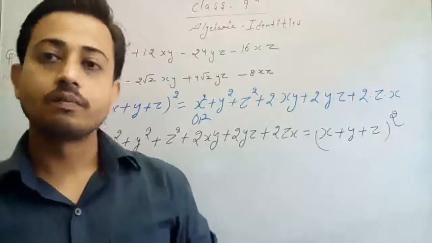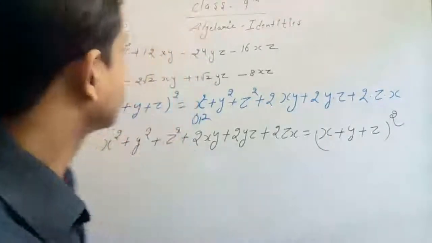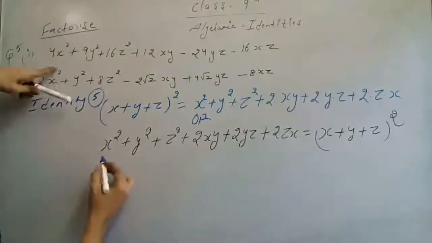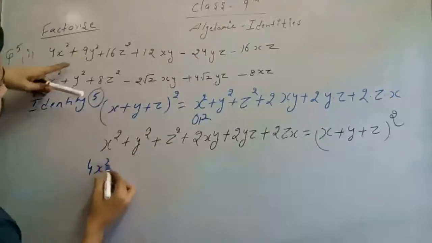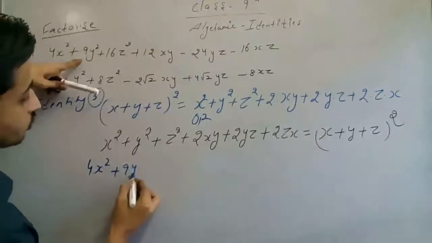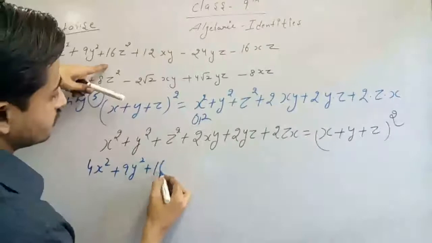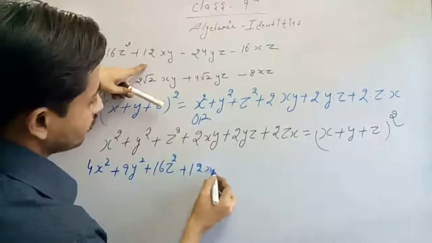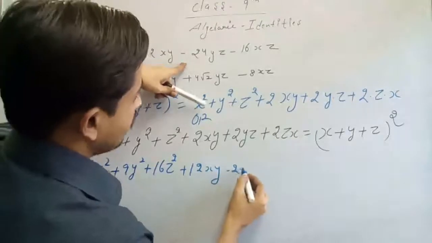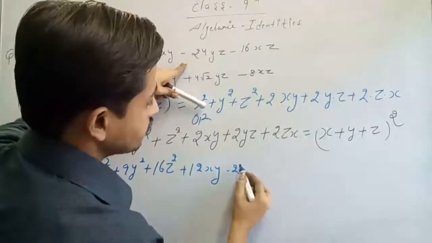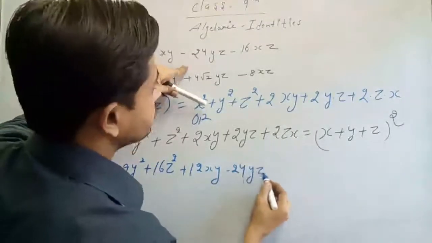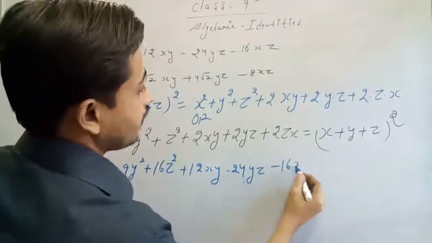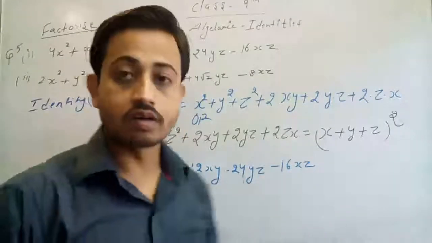So you have to do comparison with the question. The question is 4x square plus 9y square plus 16z square plus 12xy minus 24yz minus 16xz.